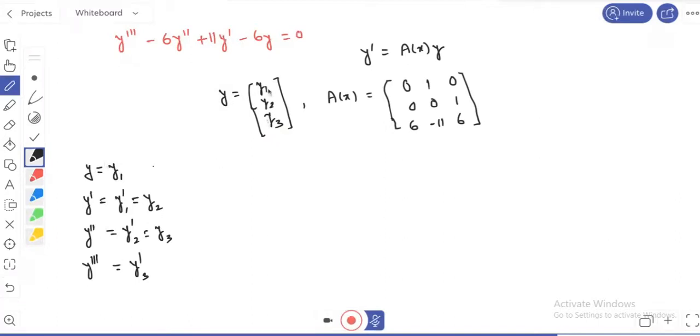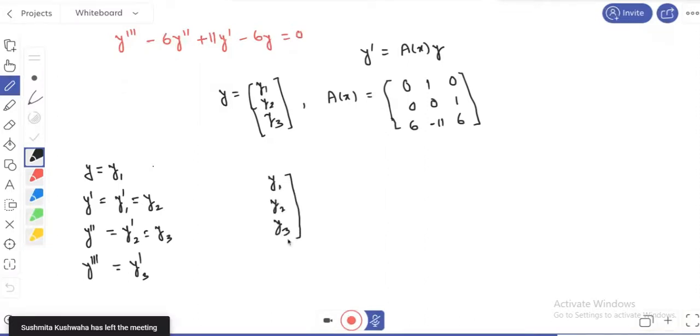Now look here, y prime means y1, y2 and y3. This y prime equals our matrix A(x), and what is A(x)?